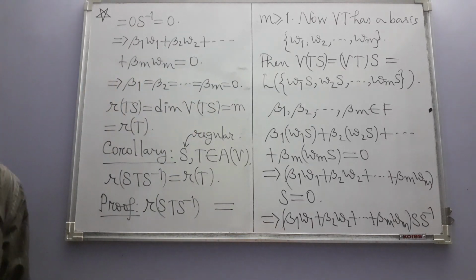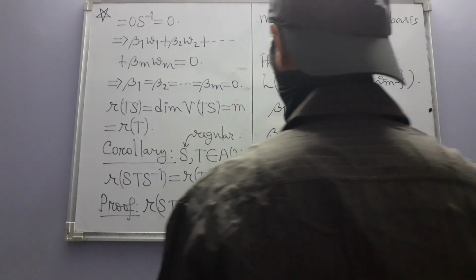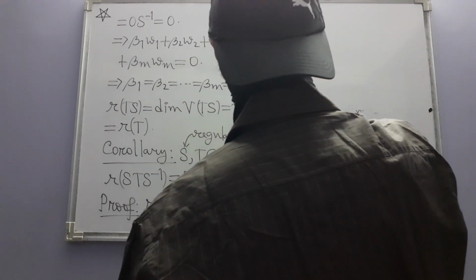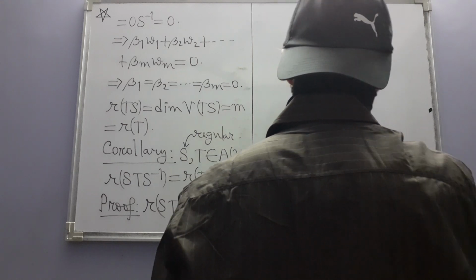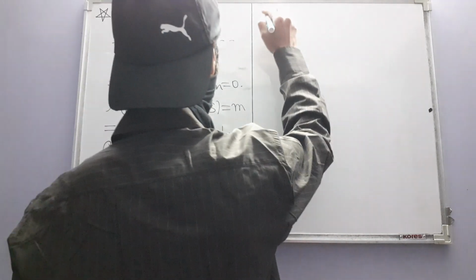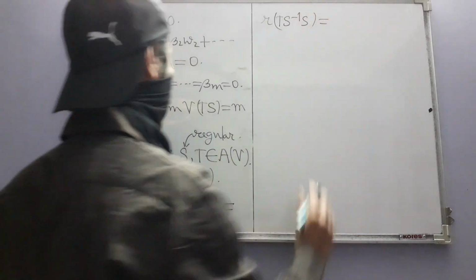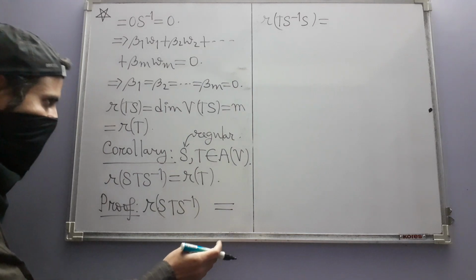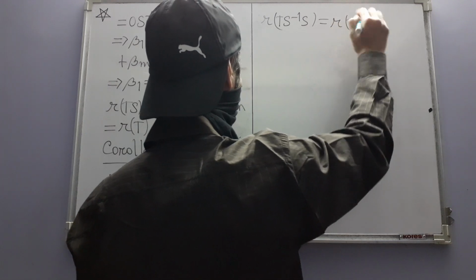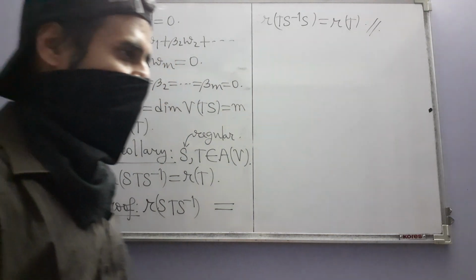So using that property, you can change the order. And in place of STS inverse, you can write TS inverse S, so that is just R of T. And this completes the proof of the corollary and also the theory part of this section.